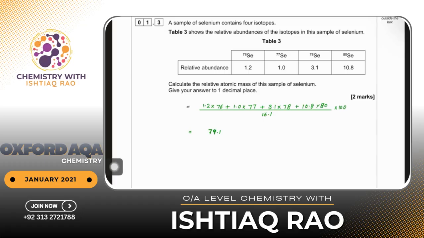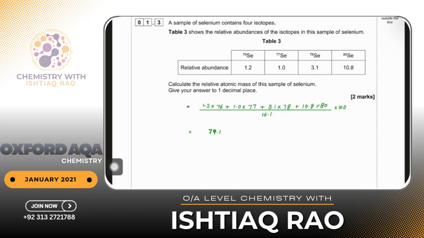I'm not getting 79.1, like maybe I've made a mistake. 1.2 into 76 plus 1 into 77, then 3.1 into 78, then 10.8 into 80.